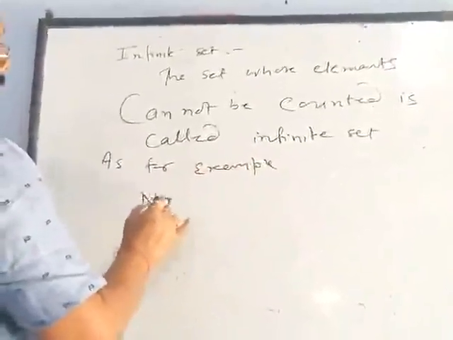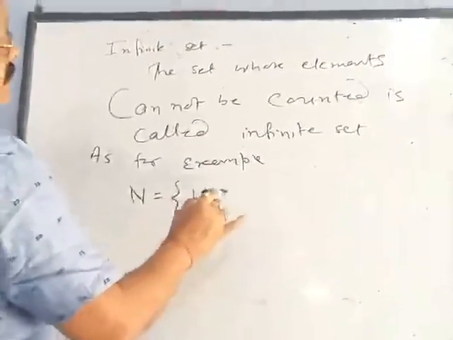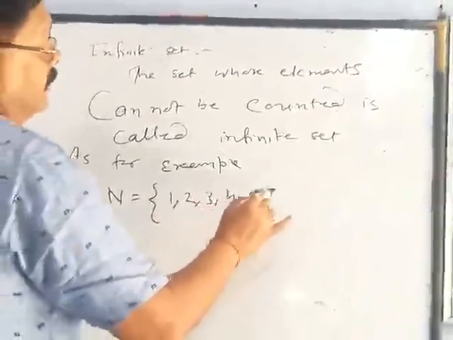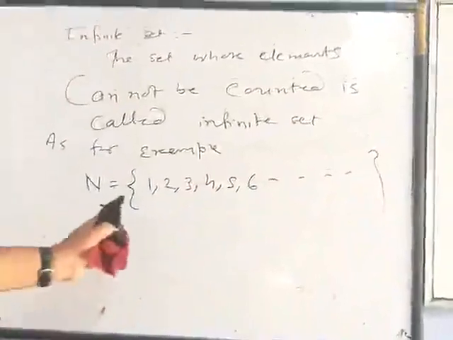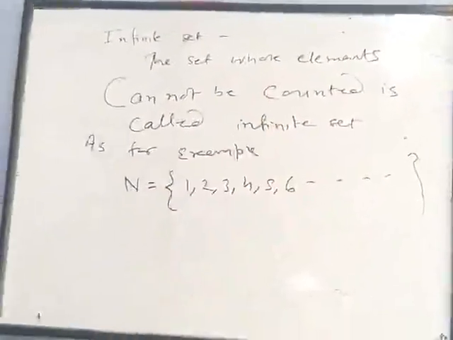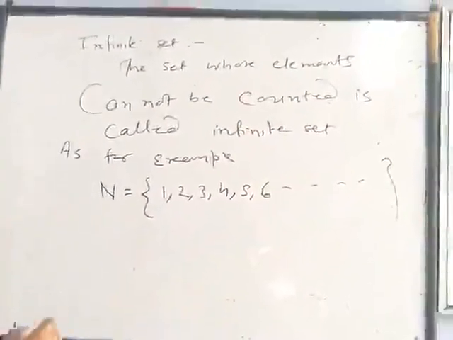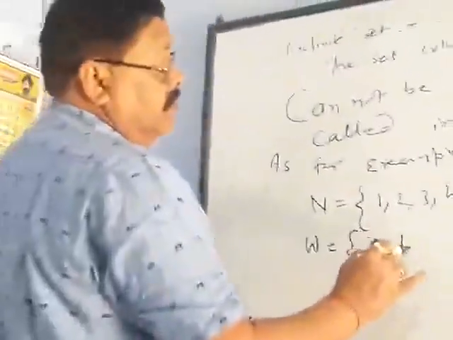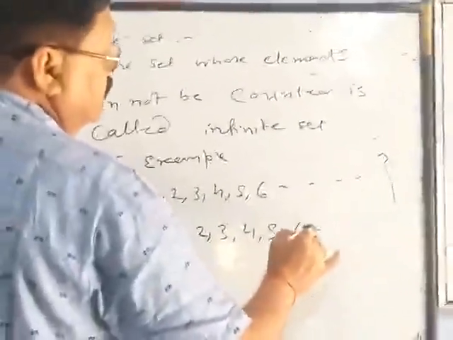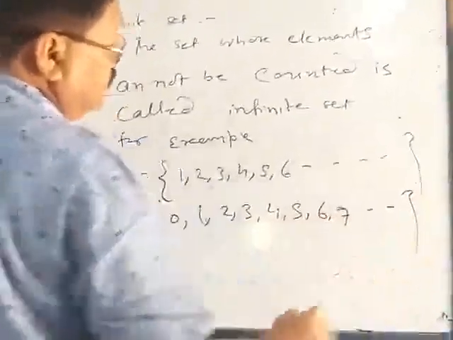Natural numbers N: 1, 2, 3, 4, 5, 6. It is uncountable. We cannot count how many natural numbers there are. Whole numbers: the set of whole numbers 0, 1, 2, 3, 4, 5, 6, 7, and so on. So this is an infinite set.